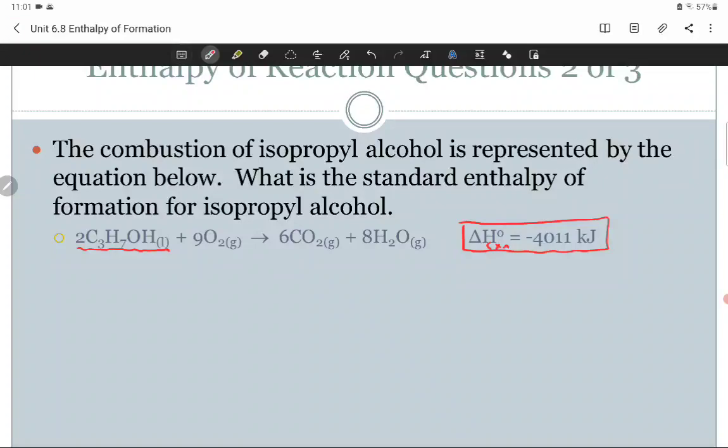So we're going to look up all the values for the other items, and we have the delta H reaction, and with that we can conclude what isopropyl alcohol's formation value would be.